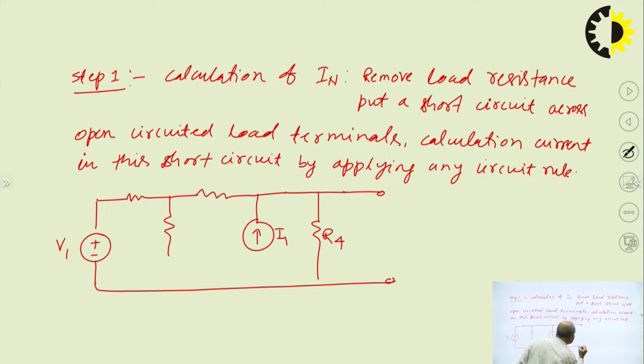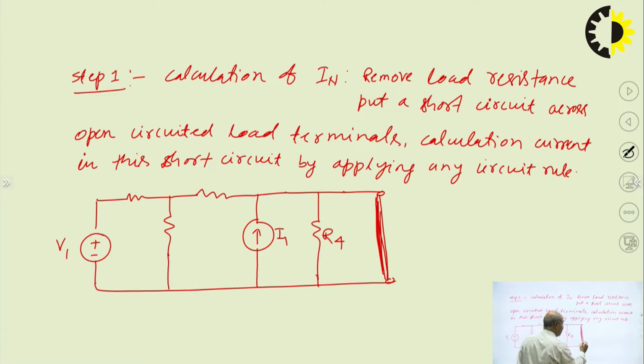Now we will connect these things, and here was our load, and we have replaced the load by a short circuit, meaning conducting wire, and this is our short circuit or conducting wire.